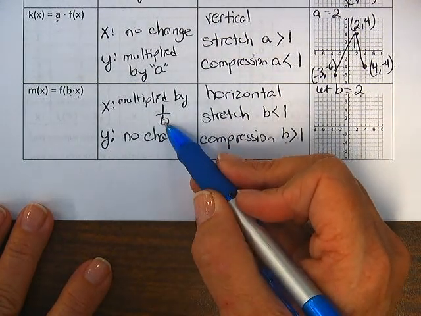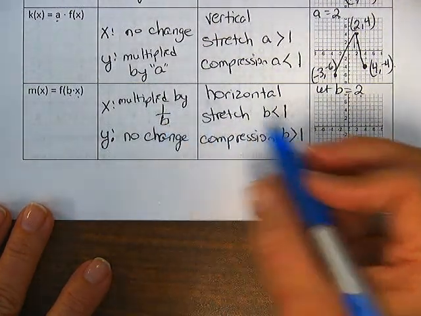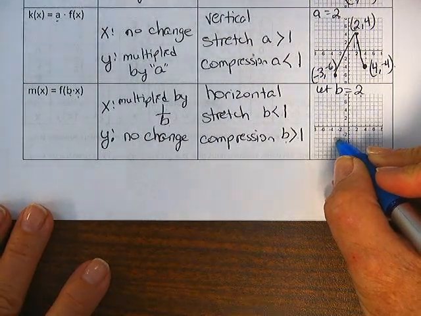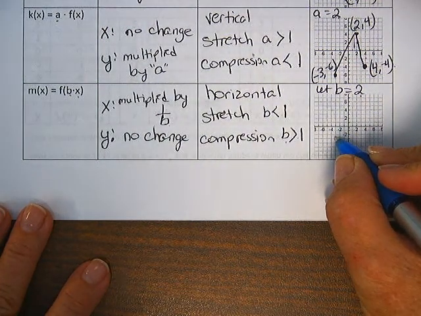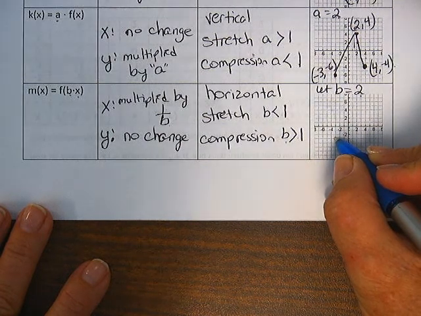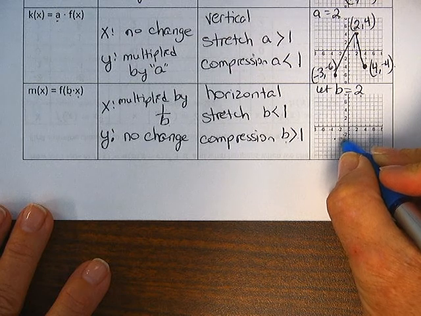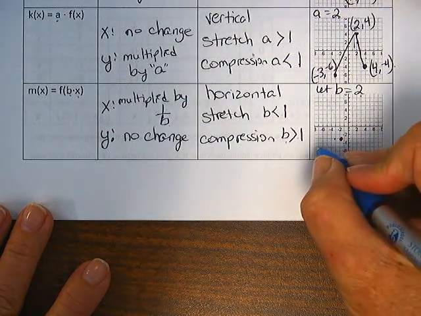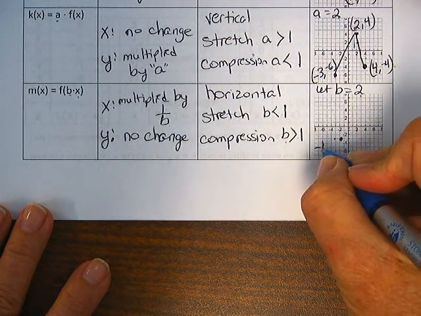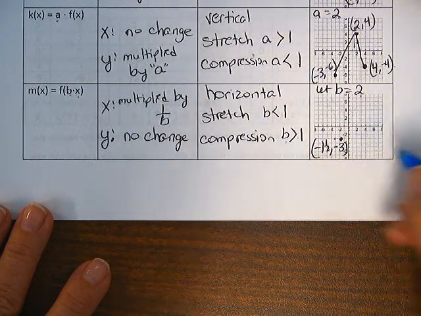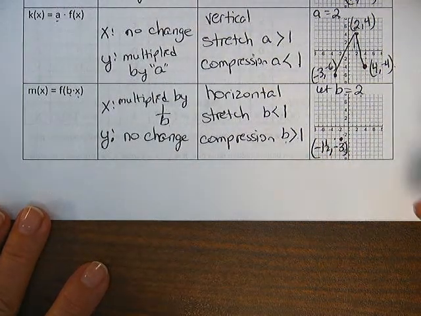So we're going to multiply the x values by 1/2. So we started out with x at -3, -3. So -3 times 1/2 is -1 and 1/2. It's right there. The y value stays the same. So that's -1 and 1/2, comma, -3. I know that's difficult to read there.